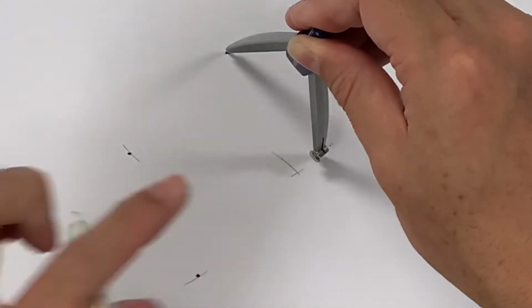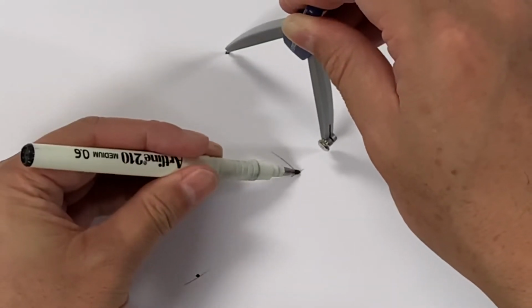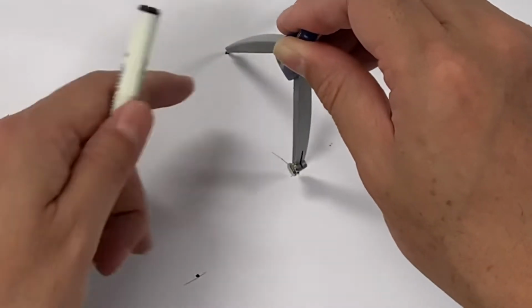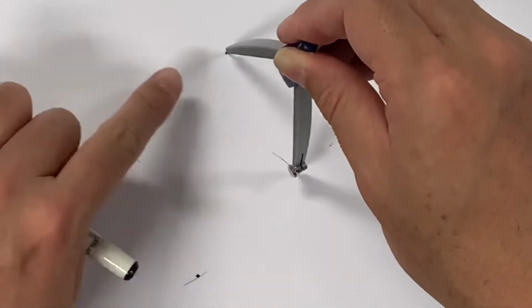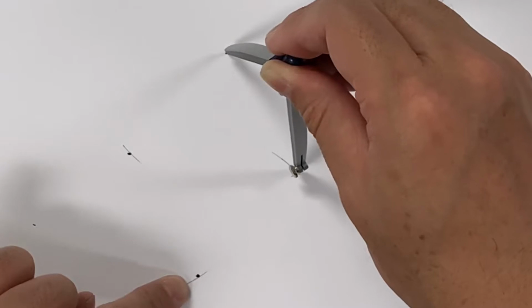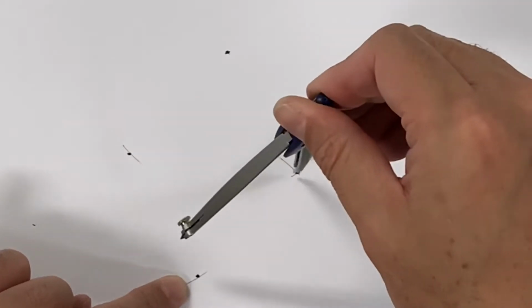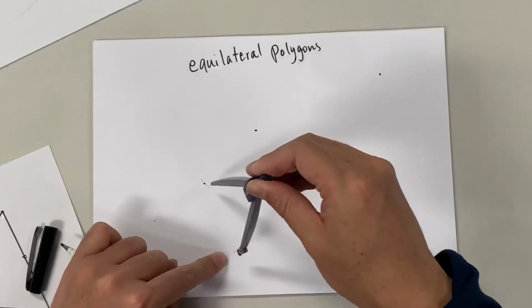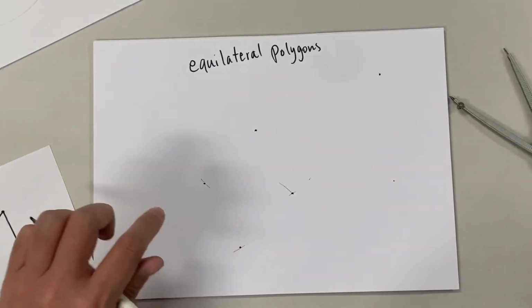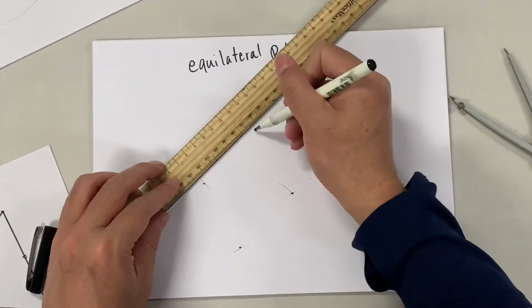So this dot here has the same distance from this dot and this dot, and they're all exactly the same, right?